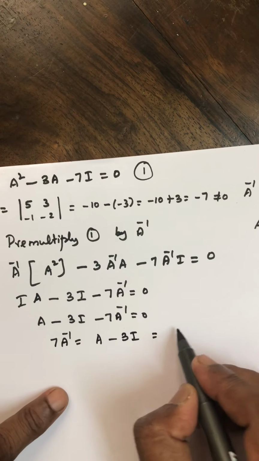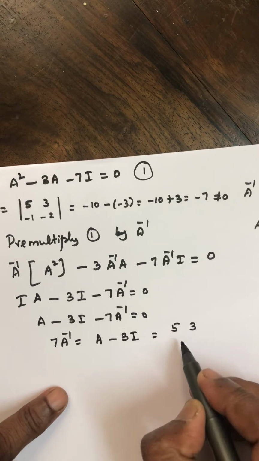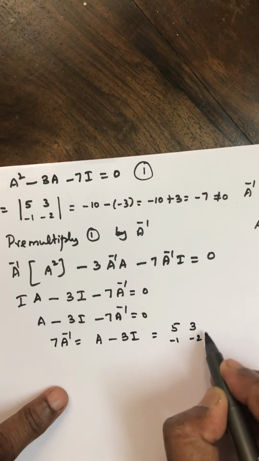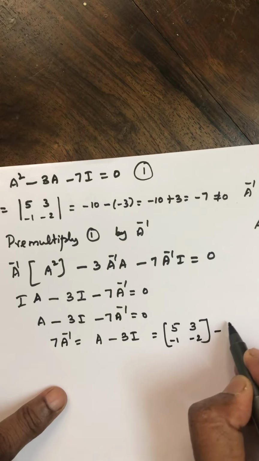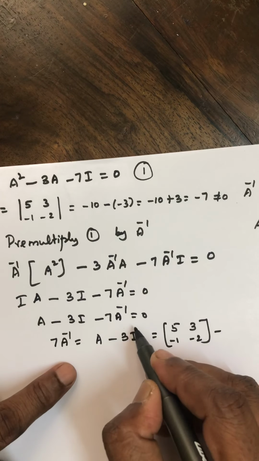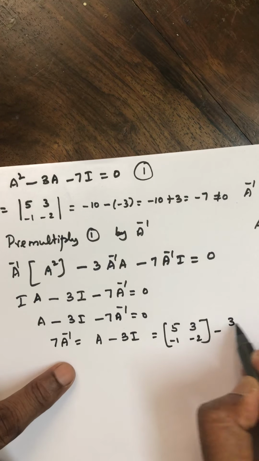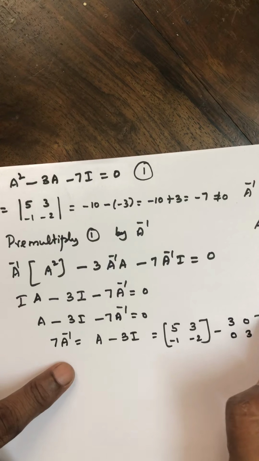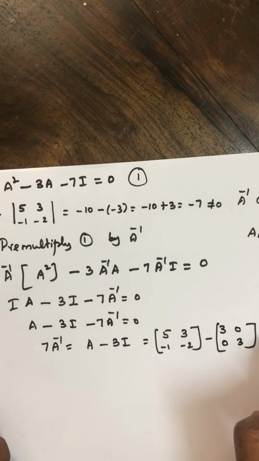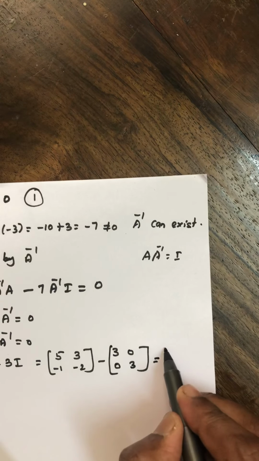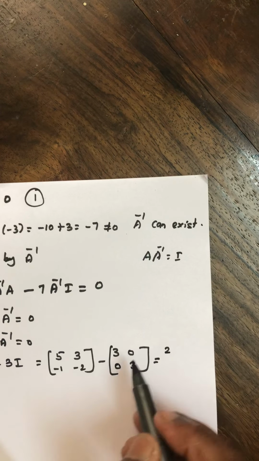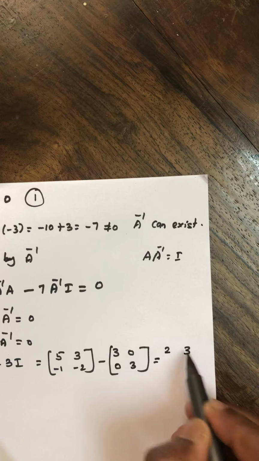So what is A matrix? Already I have 5, 3, minus 1, minus 2. A matrix minus 3 into I matrix. I matrix 1, 0, 0, 1. So I have 3, 0, 0, 3. Subtract. What will we get? 5 minus 3 is 2. 3 minus 0 is 3.